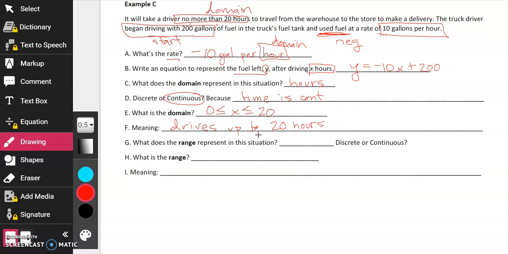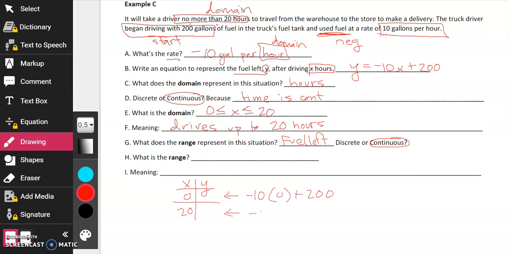The range then is the fuel left, which is also continuous because gas runs out continuously, right? So we're going to have another inequality and we have to figure out, okay, well, when x is 0, when x is 20, the highs and the lows. I have negative 10 times 0 plus 200.